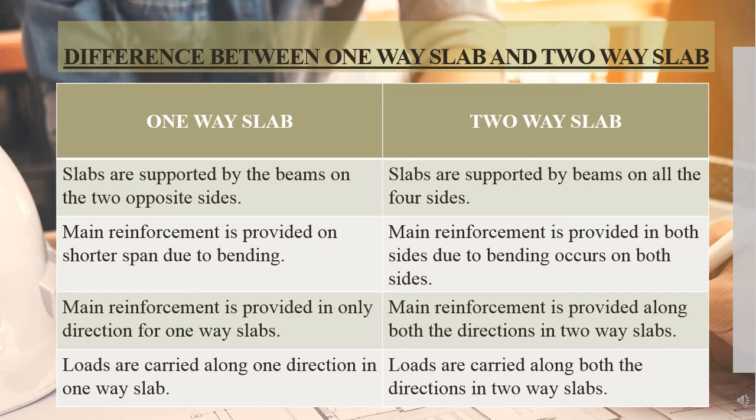Second, one-way slab, main reinforcement is provided on shorter span due to bending. Two-way slab, main reinforcement is provided in both sides due to bending occurs on both sides.